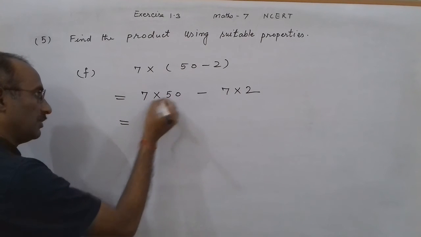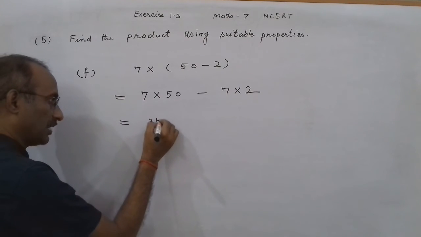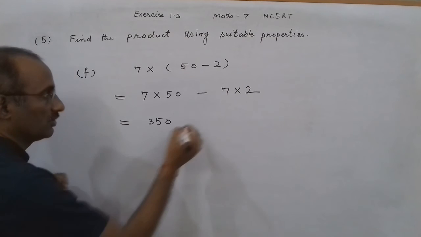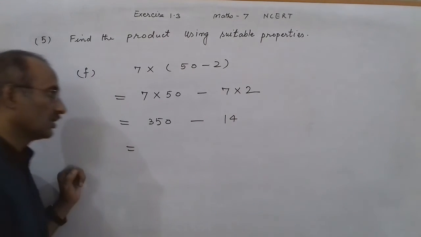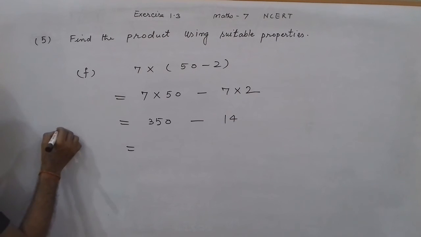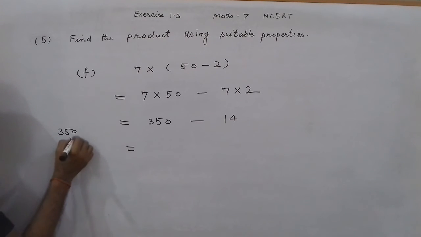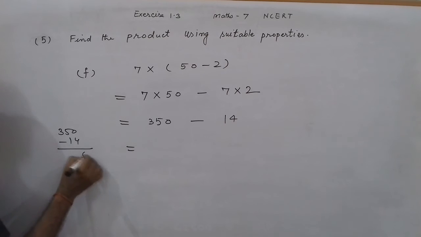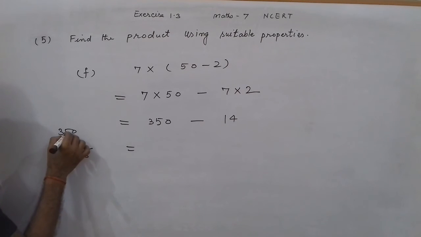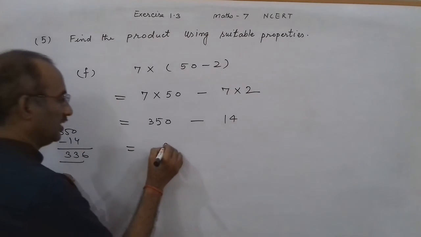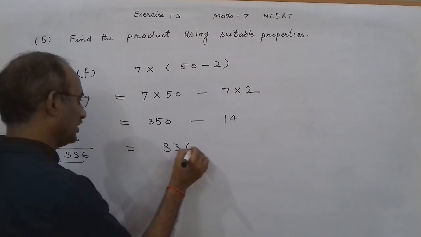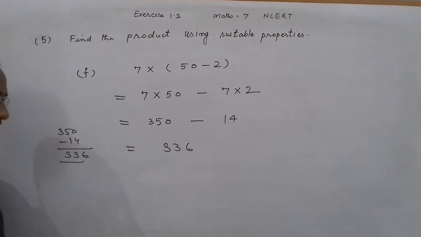On multiplying 7 with 50, we get 350, and 7 times 2 is 14. So when we subtract 14 from 350, we get 336. This is our answer.